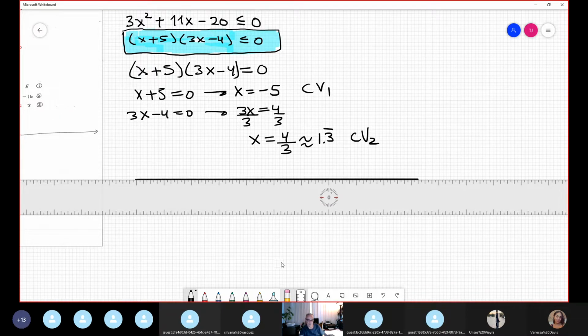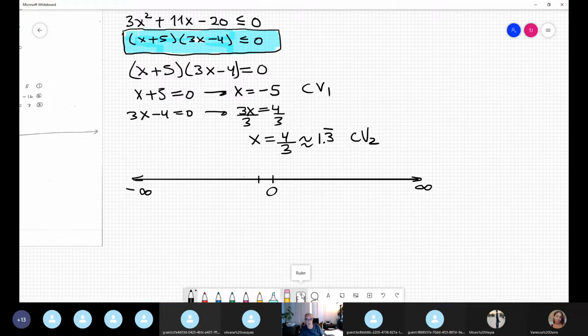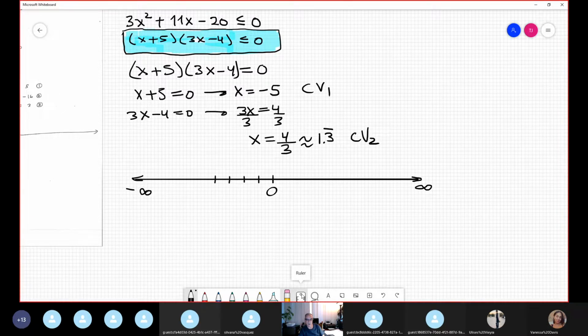This is my famous real number line. As always, this is negative infinity, and this is positive infinity. 0 in the middle. Here -1, -2, -3, -4, and -5. Then +1, +2, stop.